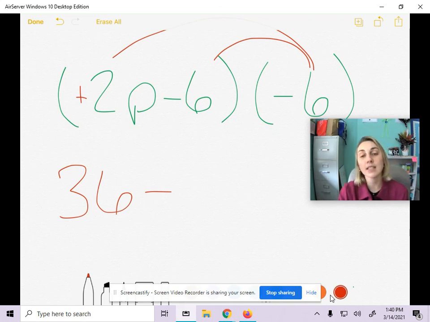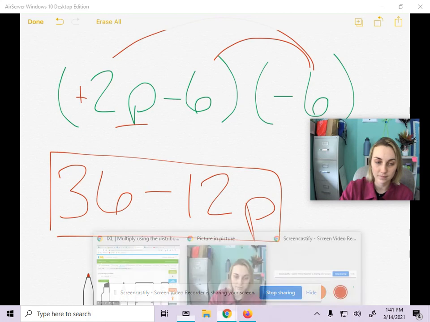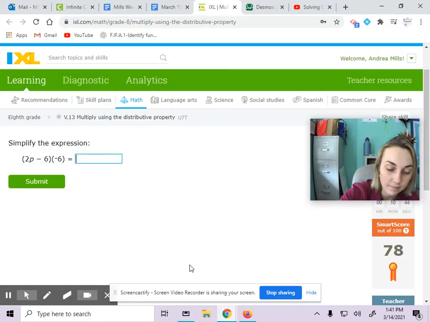Negative 6 times positive 2 is going to leave us with a negative 12. And again, we have that p there, so we're going to bring it down. This is as simplified as it can possibly get. These are not like terms, so this is our final answer: 36 subtracted by 12p.